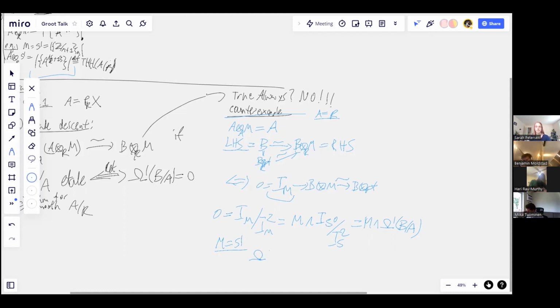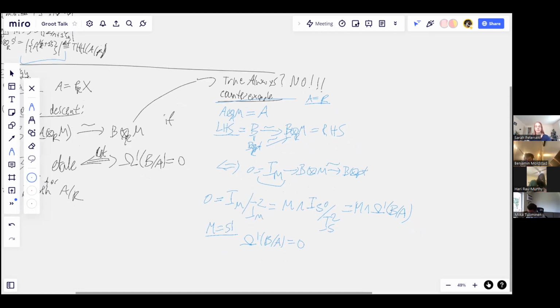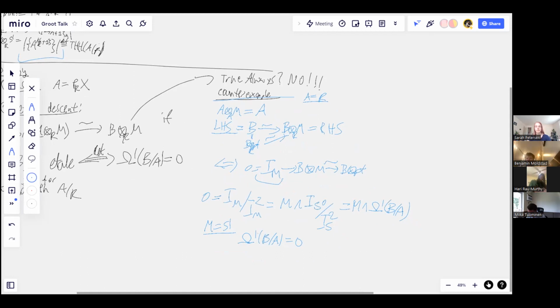So omega 1 of B over A must be equal to 0, i.e. B over A must be étale. So that is where the étale assumption comes in.